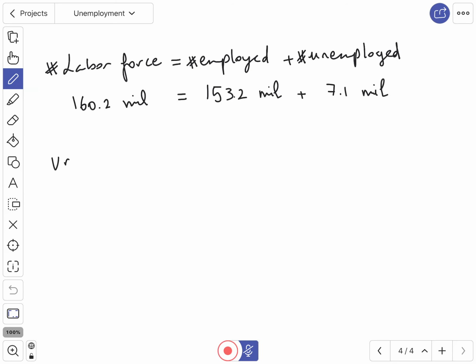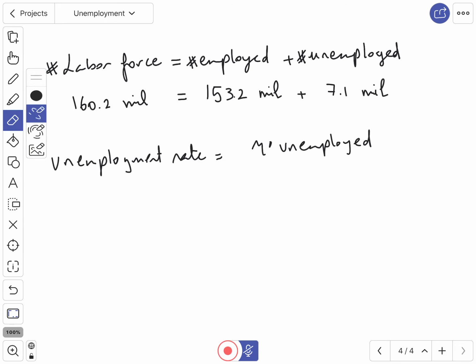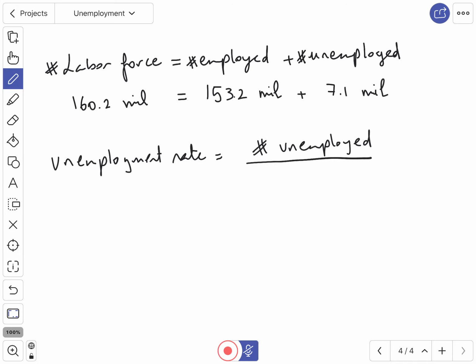So the unemployment rate is equal to the number unemployed divided by the labor force, multiplied by 100, so you get it in percentage.